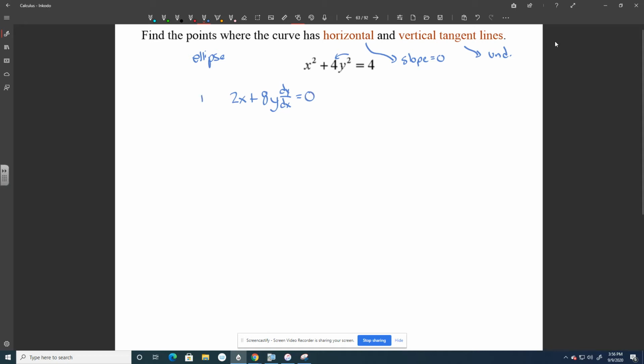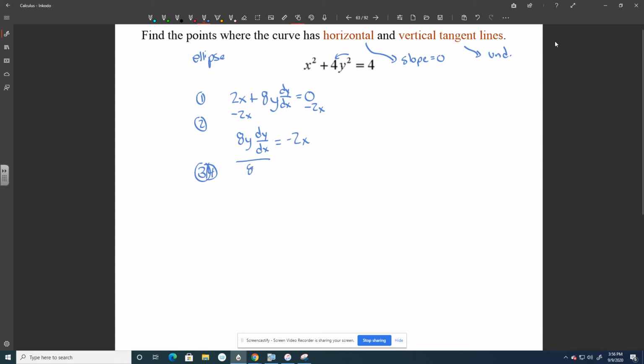So that was step 1. Step 2 wanted us to get dy/dx terms by themselves. So I'm going to get rid of this 2x by subtracting it from both sides. So I end up with 8y times dy/dx equals -2x. And then step 3, we would normally factor out the dy/dx, but there's only one term. So step 3 and 4 kind of go together on this one. I'm just going to get rid of the 8y.